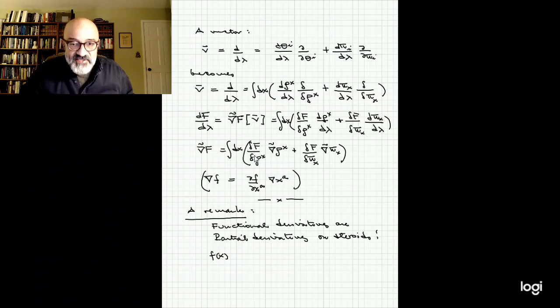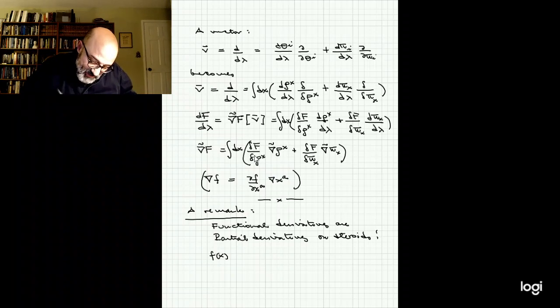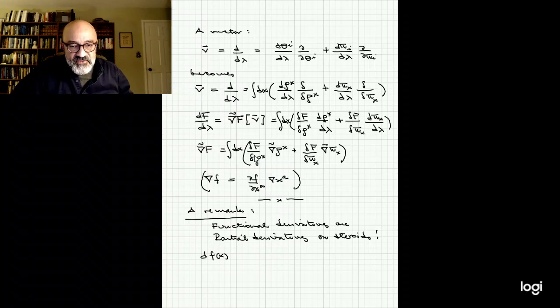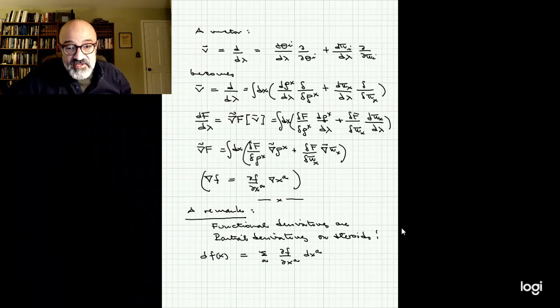And so how do we handle these functional derivatives efficiently? The way I think about it typically is, well, let's look at what partial derivatives are. One way to define partial derivatives is to say, if I were to consider a small change of the function, the small change of the function comes about from doing derivatives of the function and multiplying by small changes of the coordinates.